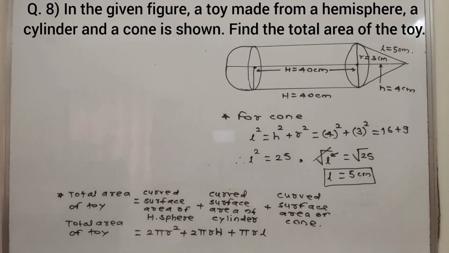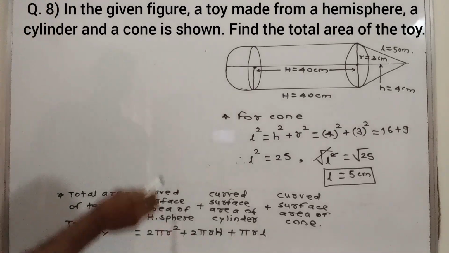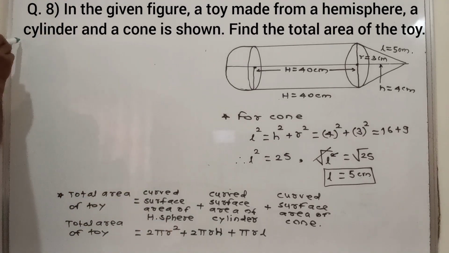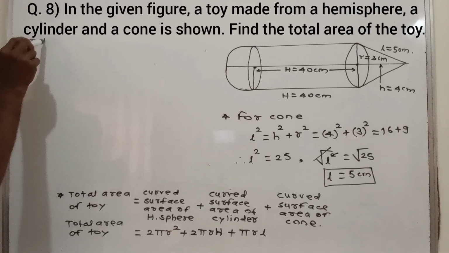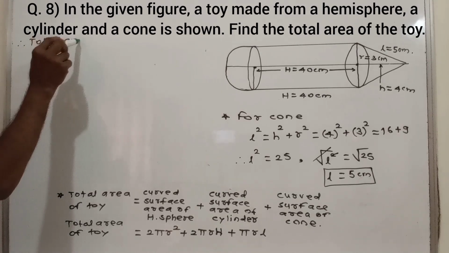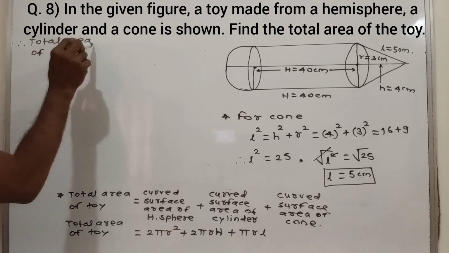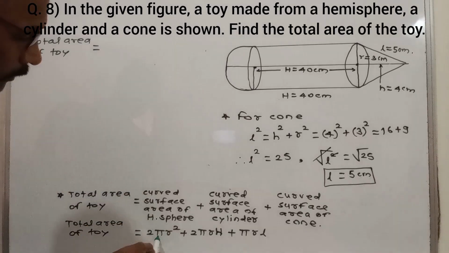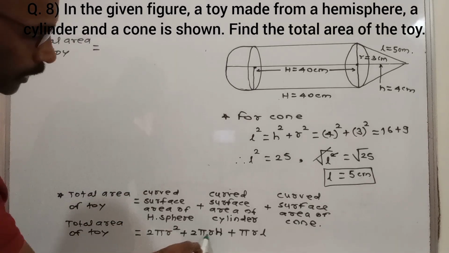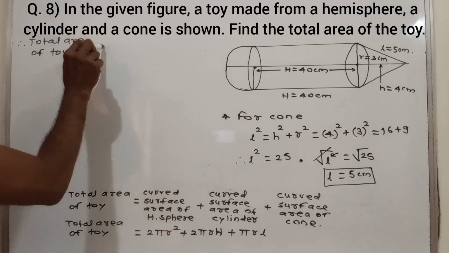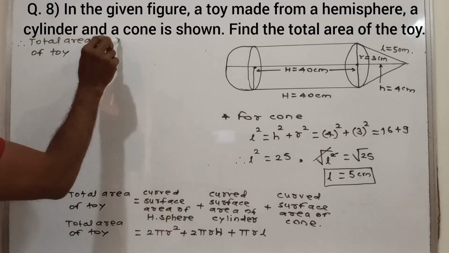Did you get it? Now we put all values of this. First of all, we will take pi r common. Therefore, total area of toy is equal to pi r common.